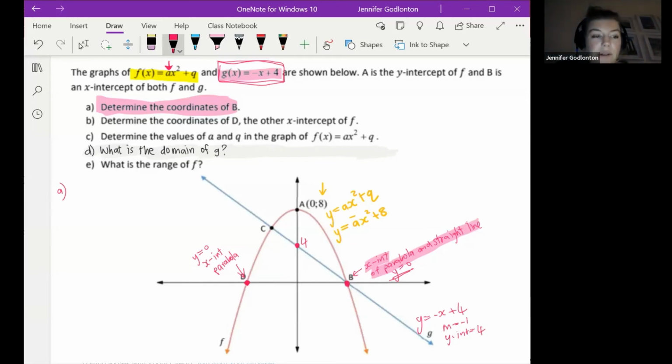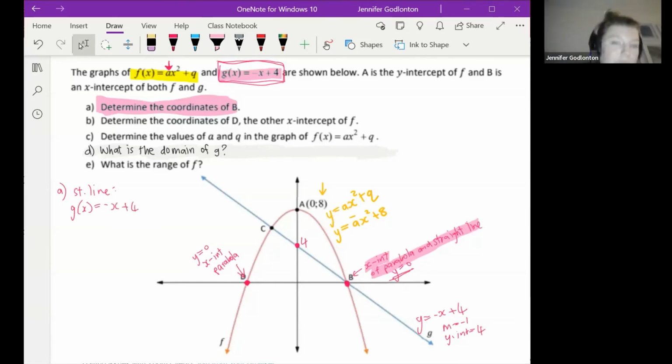We know that we can't play around with our parabola formula that's in yellow over there because we don't have the a value. So we can't use it right now. So we're saying we know that B is the x-intercept of our straight line. Our straight line looks like this. This is the equation that we have written up at the top.